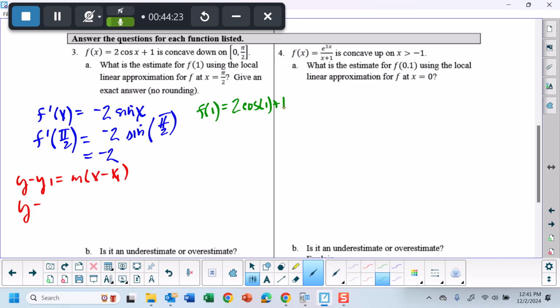So 2 times 1 is 2 plus 1 is 3. Yeah? So my 3 goes here. And my negative 2 goes here. And x minus 1 is the equation of my tangent line.